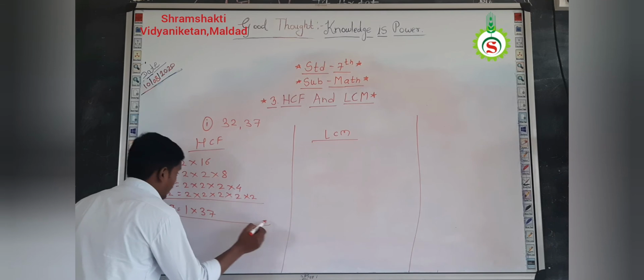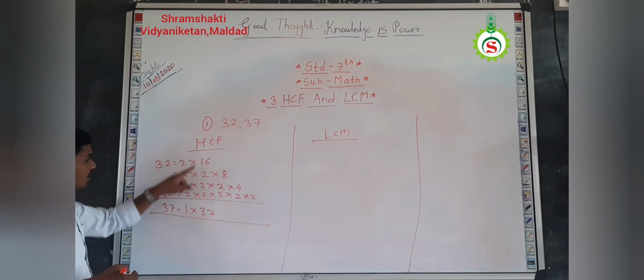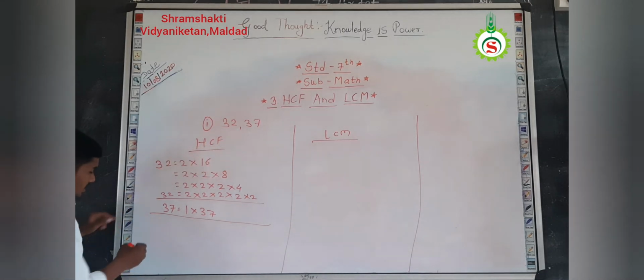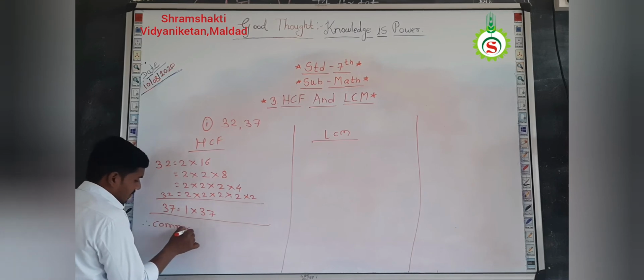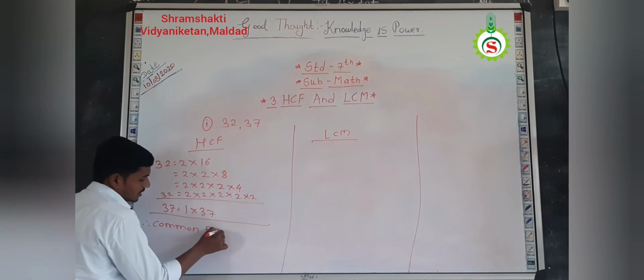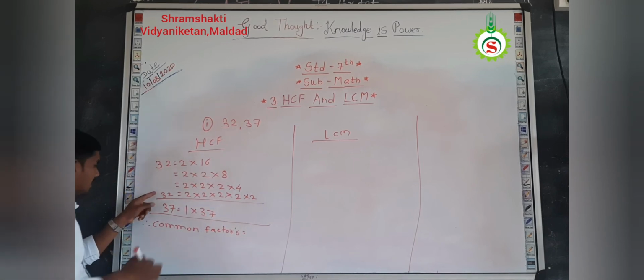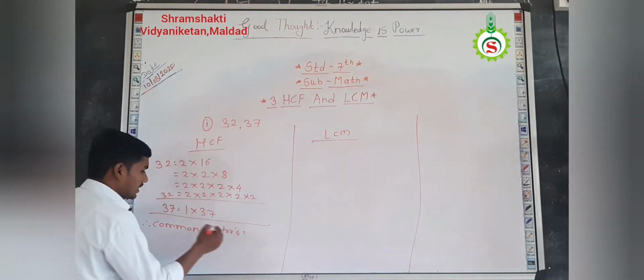Now I have found the factors of 32 and the factors of 37. Now what do I have to find out? HCF, that is highest common factor. For that purpose, I will first find out the common factors. So all of you observe, in the factors of 32 and factors of 37, is there any factor which is common?